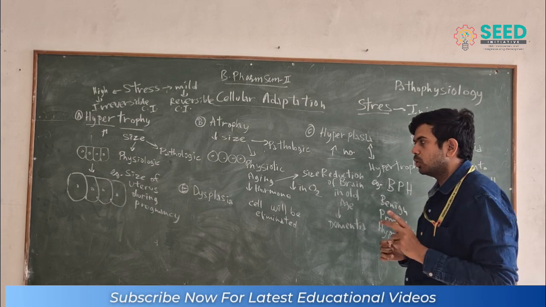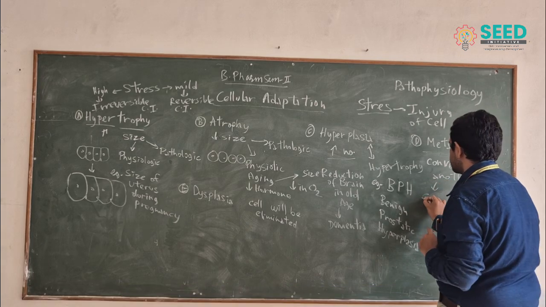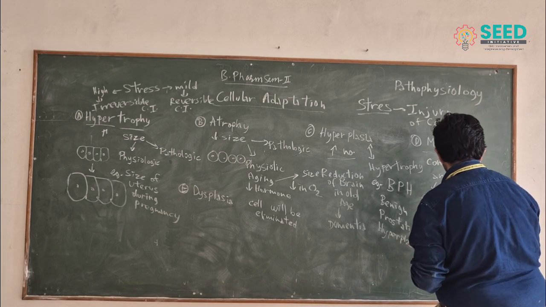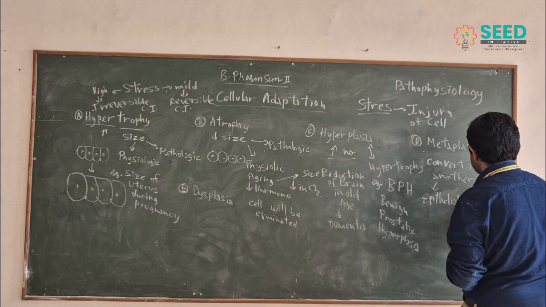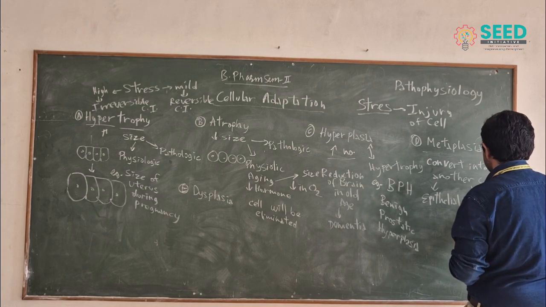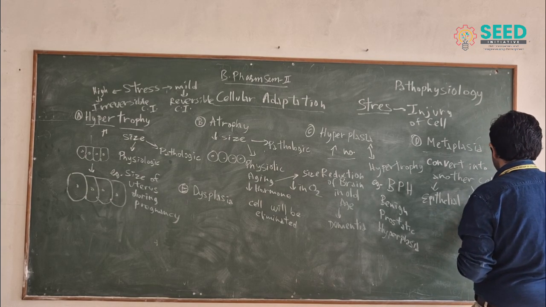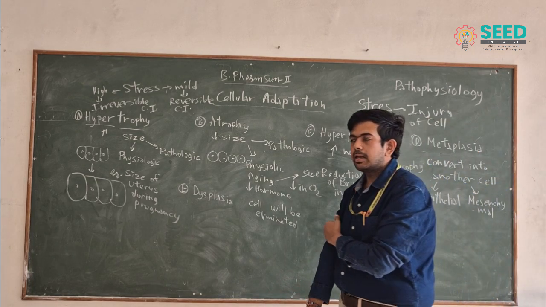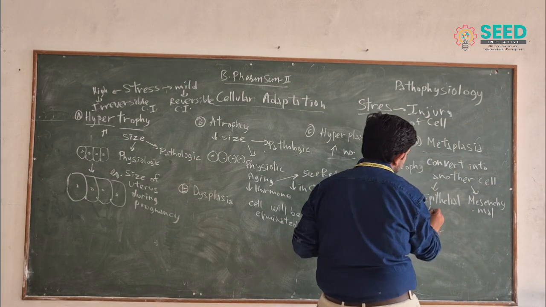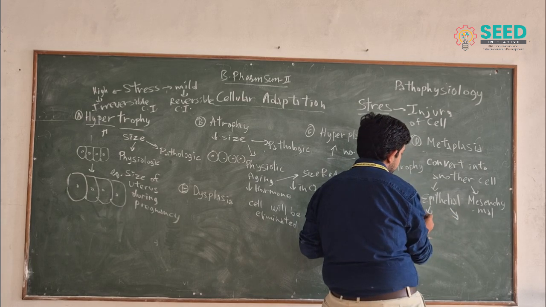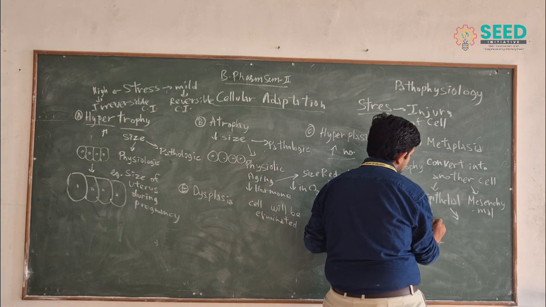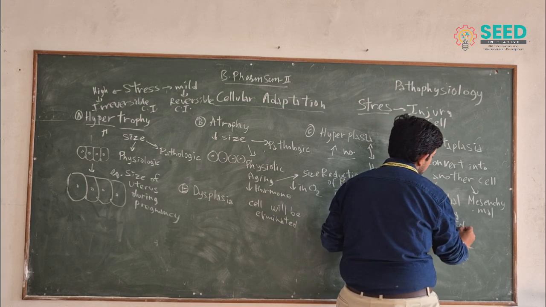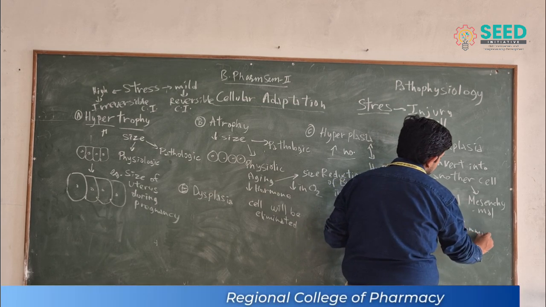It is of two types. First is epithelial metaplasia, and second is mesenchymal metaplasia. Epithelial metaplasia is of two types, which is squamous metaplasia and another is columnar metaplasia.